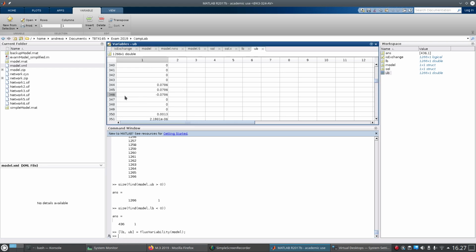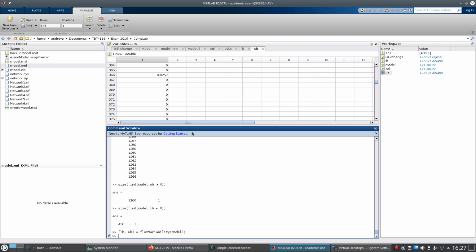So we can see here, for instance, 346. That is one of them. Of course, all our uptake reactions are technically defined in the negative, the ones that we saw in the previous exercise.